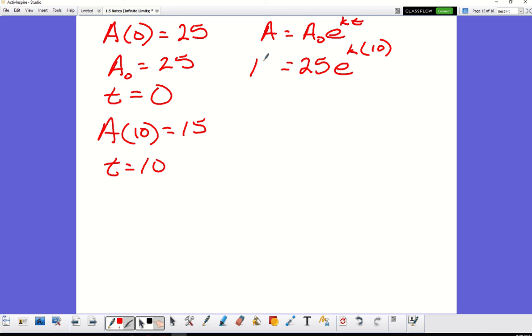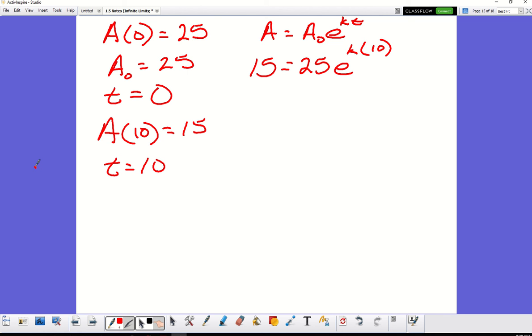That's super important to understand how it's set up here: my output when I input 10 is 15. Any questions? This is a setup. You're going to have a whole bunch of these. This is always an AP test question.